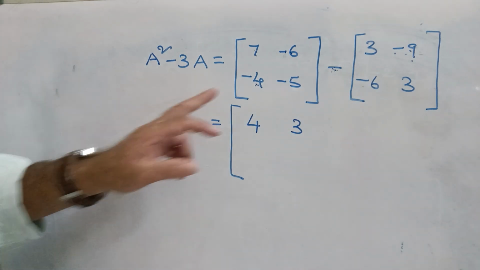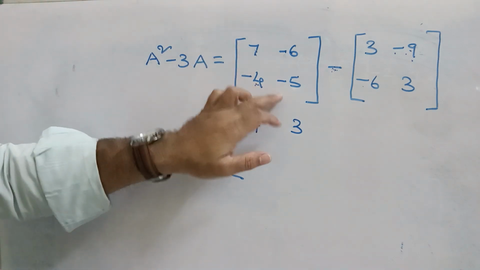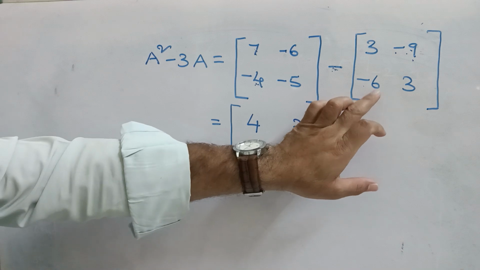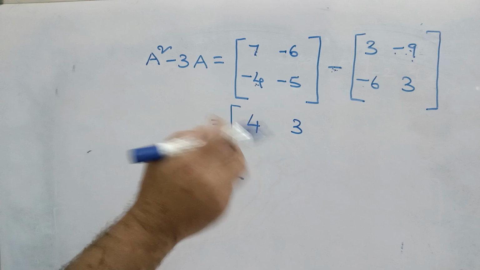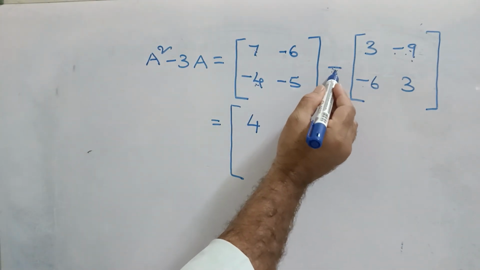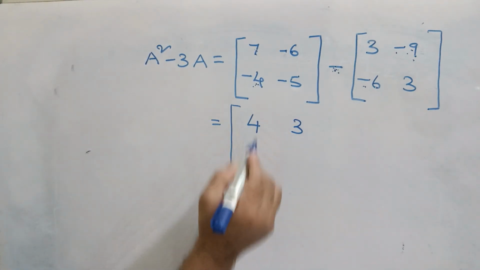So the same position elements we have to consider. Here the second row element of the first matrix must be subtracted from the same element in the second matrix. Therefore minus 4 minus of minus 6, again the same concept, minus into minus is plus 6, 6 minus 4, how much?